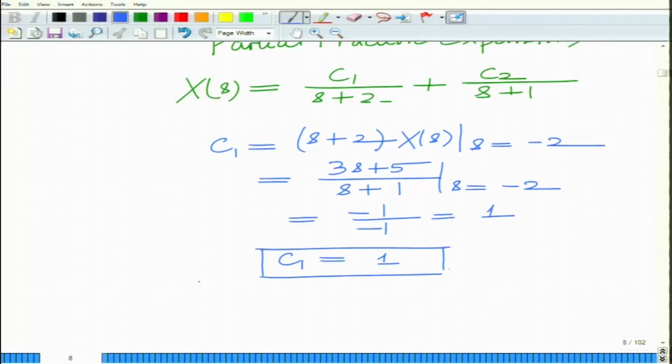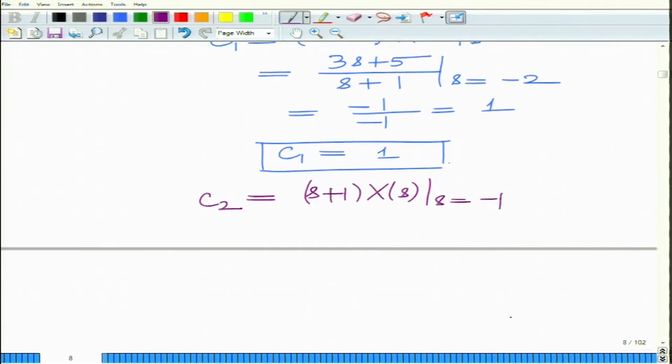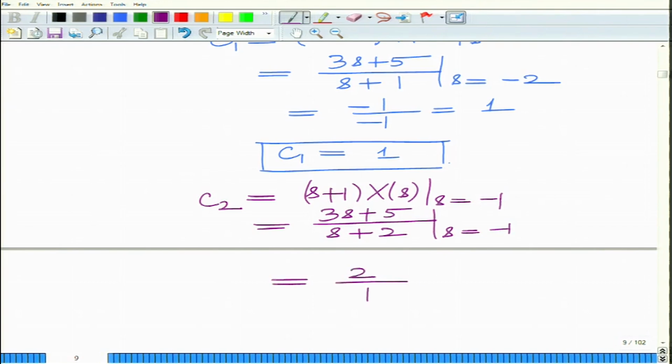Okay. Now, C2 can be evaluated in a similar fashion. One can evaluate C2 as s plus 1 into X(s) evaluated at s equal to minus 1. Now, you can see this is equal to 3s plus 5 divided by s plus 2 evaluated at s equal to minus 1, which is basically 2 divided by 1, which is equal to 2.